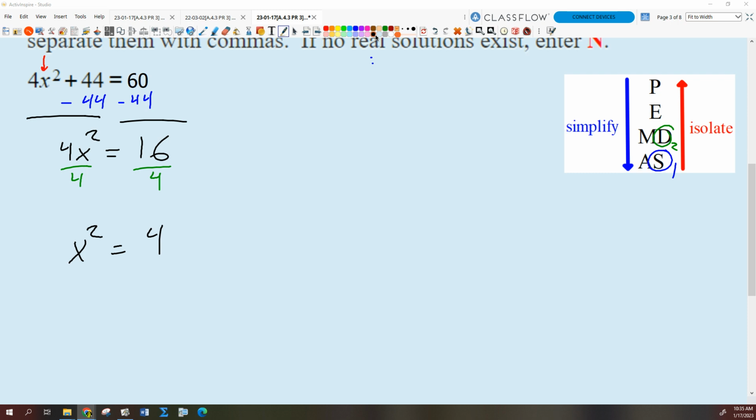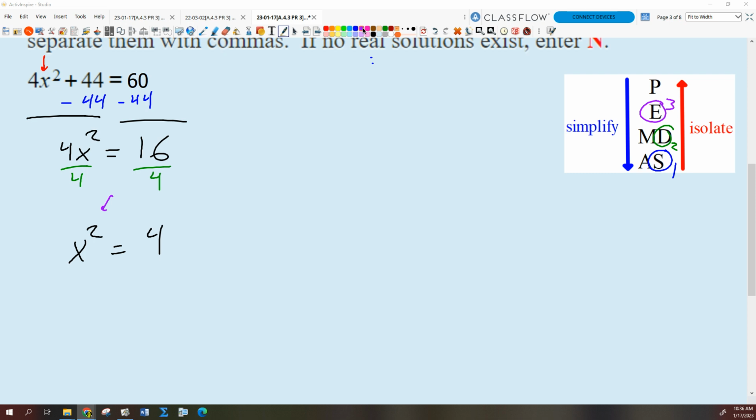Now what? Exponent, right? The next thing I see is this exponent. So step 3 is I have to undo that exponent. How do I undo the exponent? Well, I could factor, but we're trying to avoid factoring here, right?